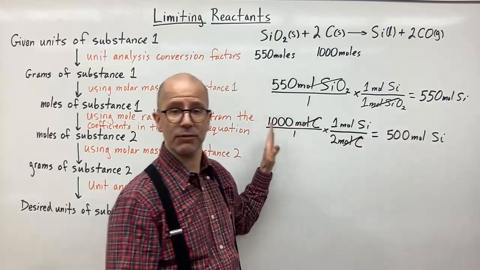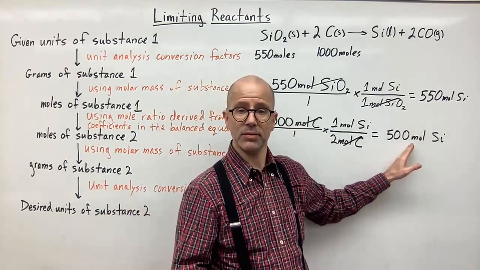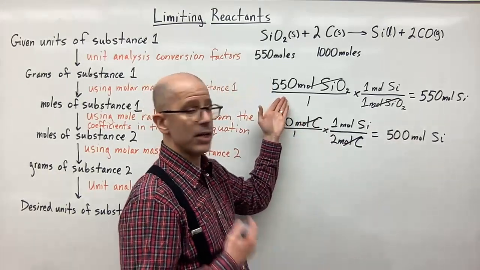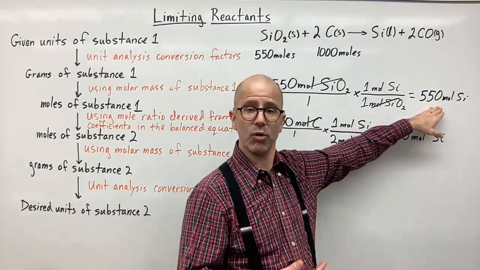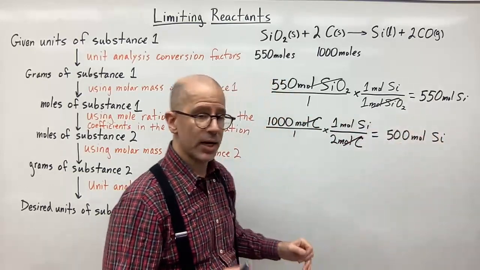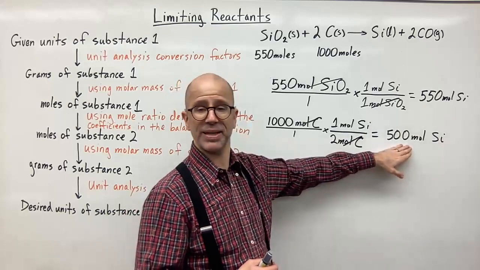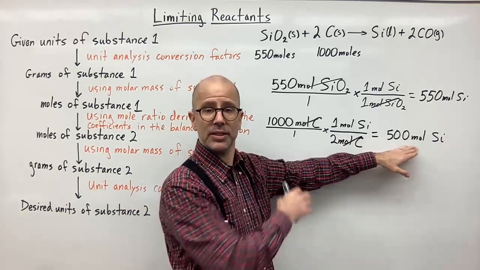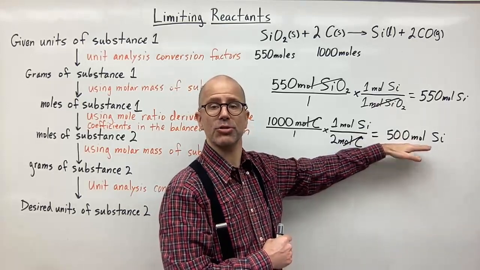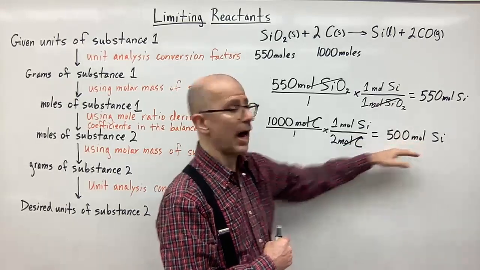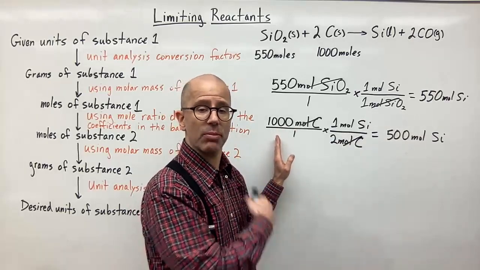I only have enough carbon to give me 500 moles of Si. I have enough SiO2 to give me 550 moles of Si, but I'm going to run out of carbon first, because I only have enough carbon to give me this amount. Once I produce 500 moles of Si, I no longer have any carbon left.